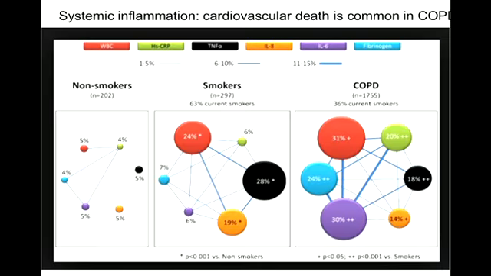Now, cardiovascular deaths, as I mentioned, kill about half of people with COPD. This is a clever biomarker analysis from Alvar Augusti, a clever chap in Barcelona, a lung physician who's a very excellent researcher, looking for blood biomarkers that predict risk of cardiovascular disease.